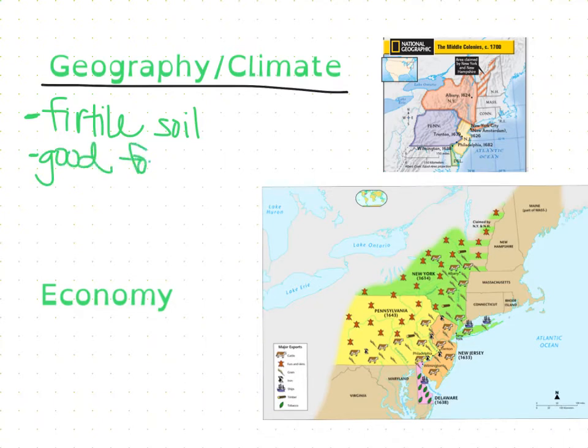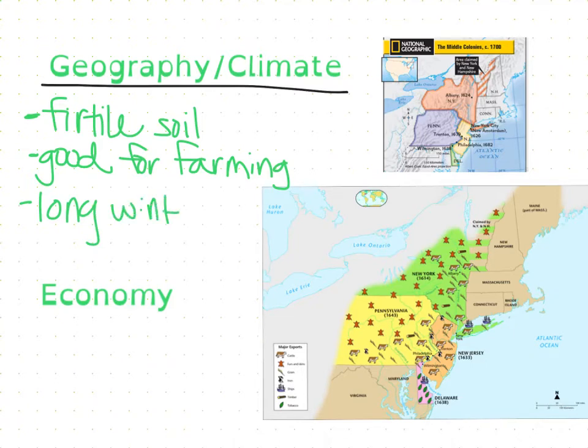So we in Wisconsin have fertile soil, hence the reason we can grow as many crops as we do. Another thing that was common for these middle colonies in terms of their climate, they had very long winters and hot summers.